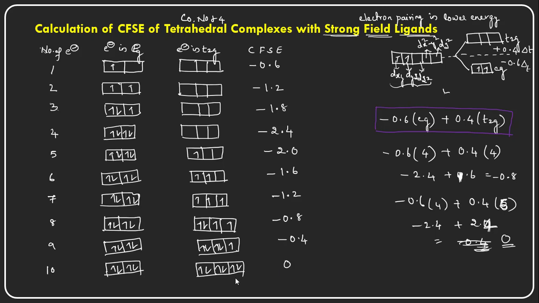So 0. What is the minimum value for crystal field stabilization energy? When the complex has 10 electrons, it has 0 crystal field stabilization energy, and when it has 4 electrons, the crystal field stabilization energy value will be a maximum.